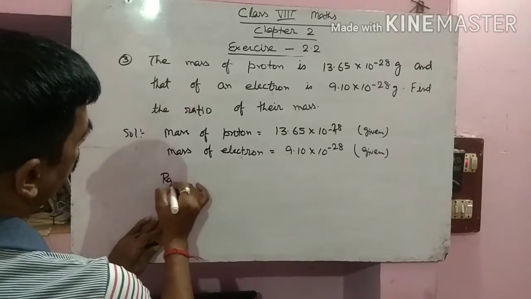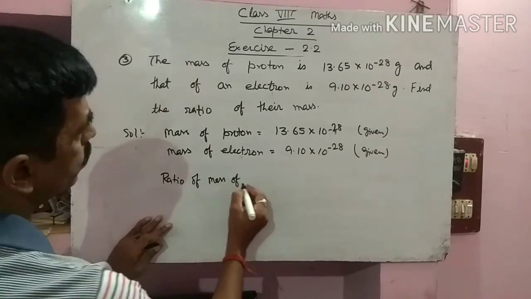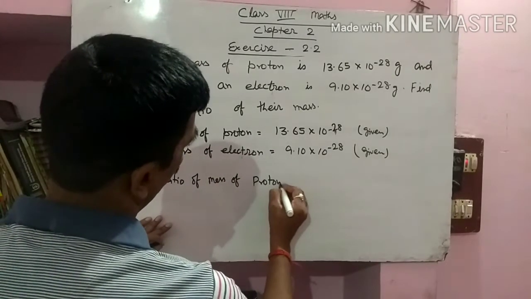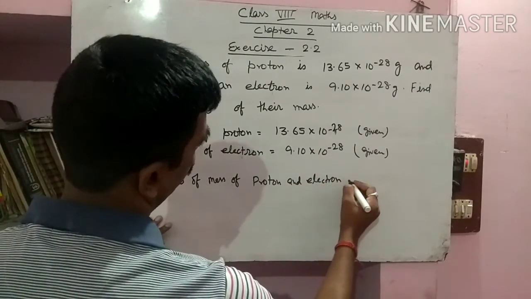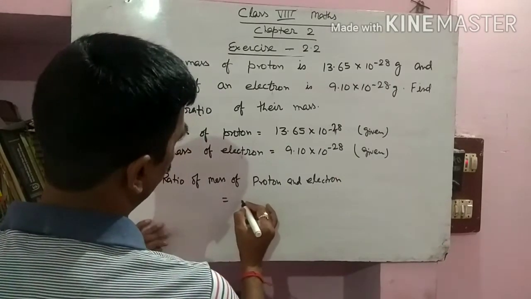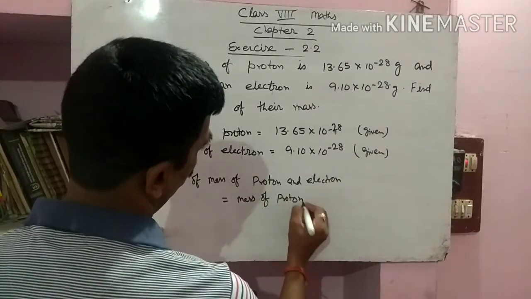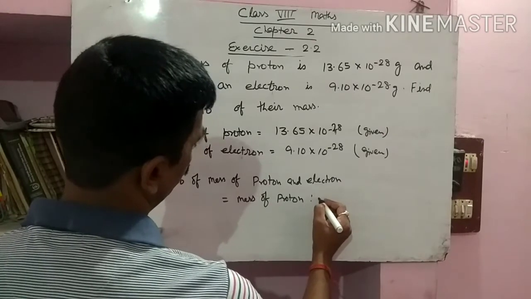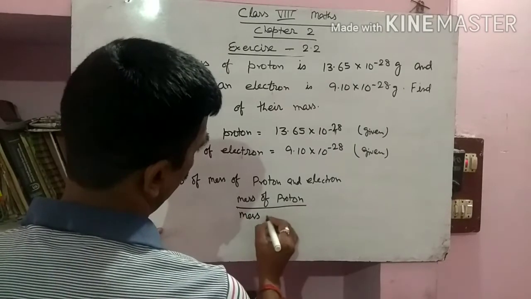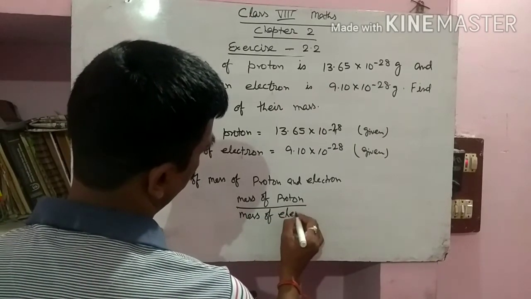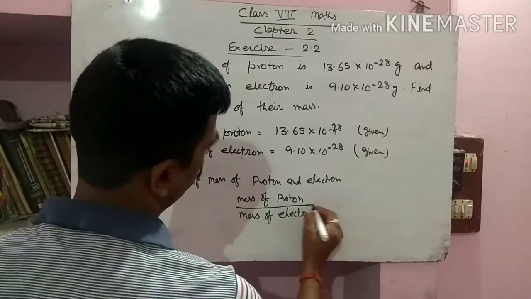You can write the ratio of mass of proton and electron is equal to mass of proton by mass of electron.